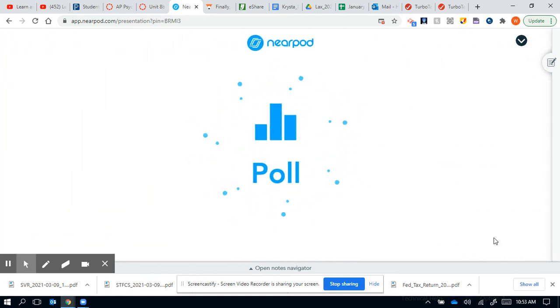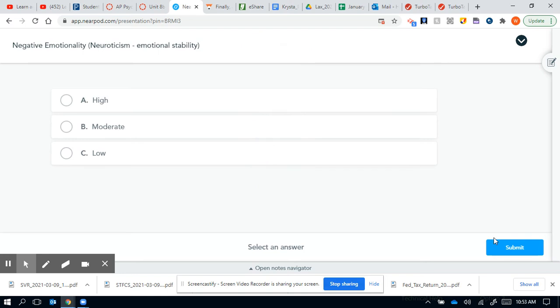All right, negative emotionality or neuroticism. And this one, low is calm.